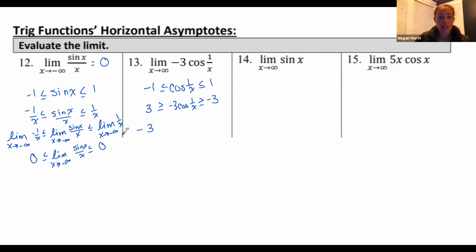That means we have the limit as x goes to infinity of what I multiplied everything by, okay, is greater than or equal to -3 cosine 1 over x, which is greater than or equal to the limit as x goes to infinity of 3. Oh, I didn't switch this.